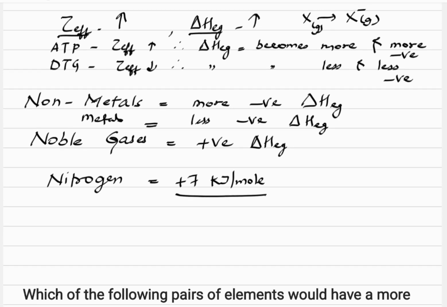That is only because nitrogen has a very stable configuration. It's happy with its configuration. Adding any more electron is going to disrupt the stable arrangement that was 2p3. That is why the nitrogen atom is a little reluctant in accepting the electron.